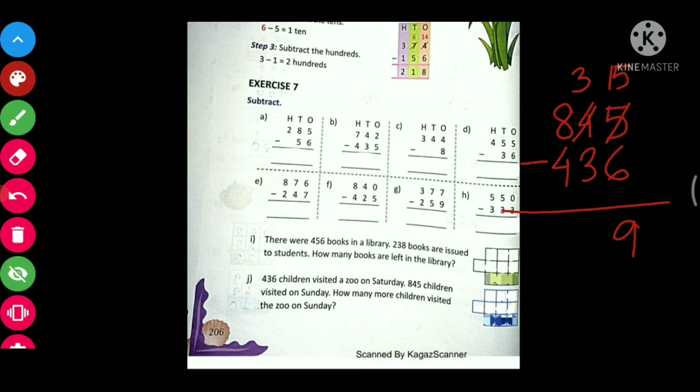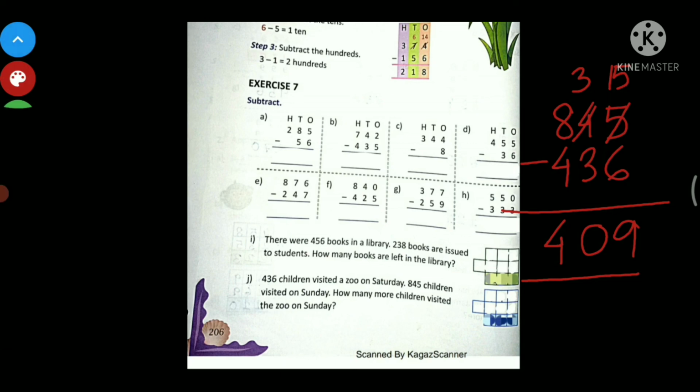Now 3 minus 3, 0. Now 8 minus 4, how much will it be? Just imagine 8 lines and now just cut 4 of them. You will get 4. So your answer will be what? 409. I hope that you have understood how we can regroup while subtracting any 3-digit number.